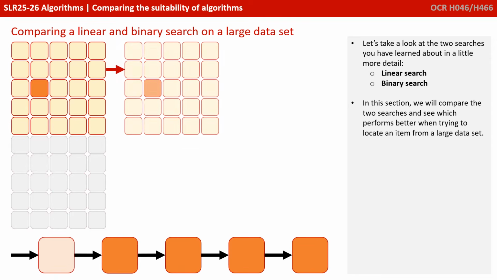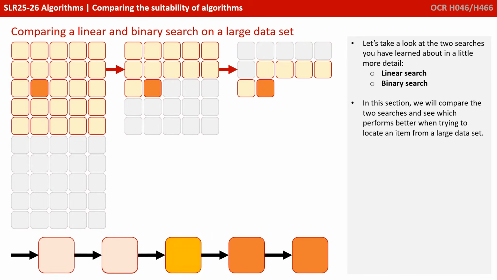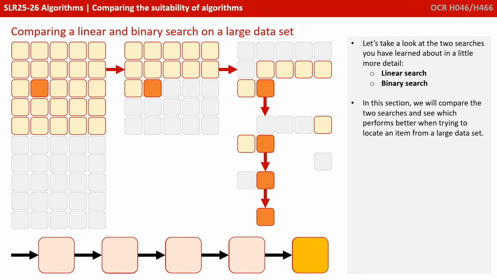So let's take a look at the 2 searches you've learned about in more detail, the linear search and the binary search. In this section, we will compare the 2 searches and see which performs better when trying to locate an item from a large data set.